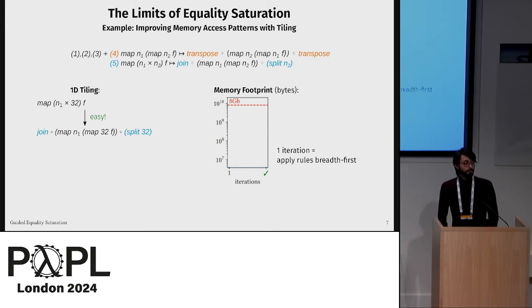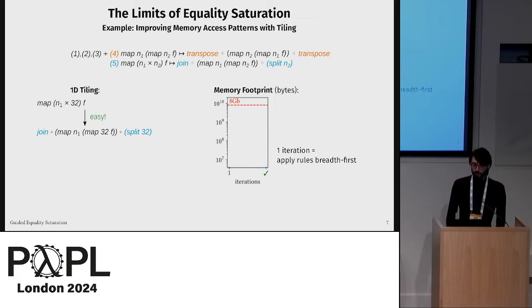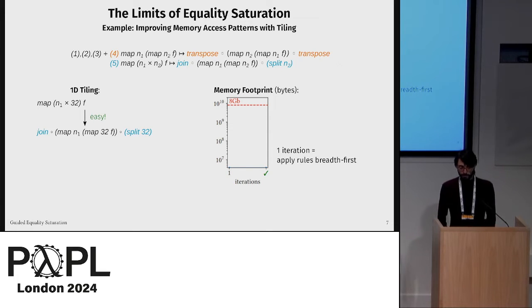So equality saturation has a lot of benefits because it allows us to explore past the local optimum compared to greedy rewriting, but it also has its own limits. And we can see them by complicating the example a little bit more. So now, instead of simply reducing memory, we're interested in applying an additional optimization, which is known as tiling.